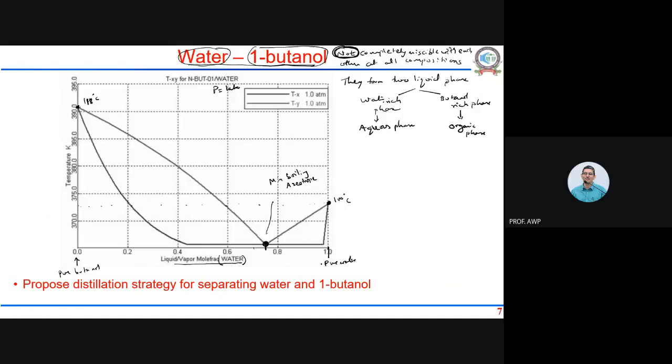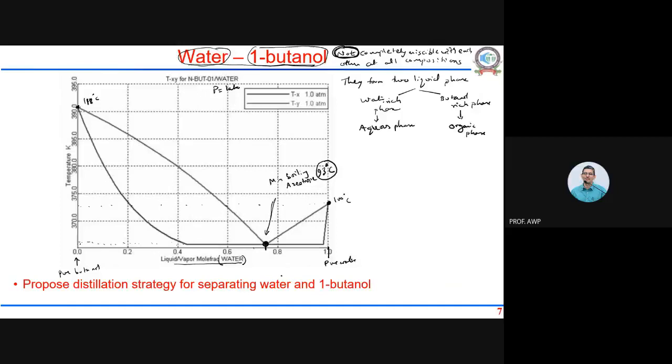What is the azeotropic temperature? Somewhere here, maybe 366 Kelvin, so like 93 or 94 degrees centigrade. Do you agree? Yes, no?